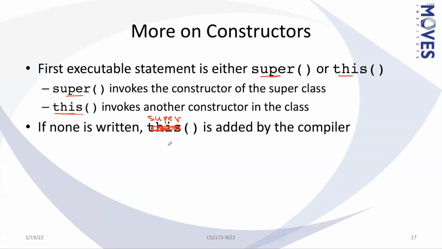The reason this is important to understand is because this is happening under the hood a little bit. And when we get to inheritance, not understanding this can create a lot of confusing errors.